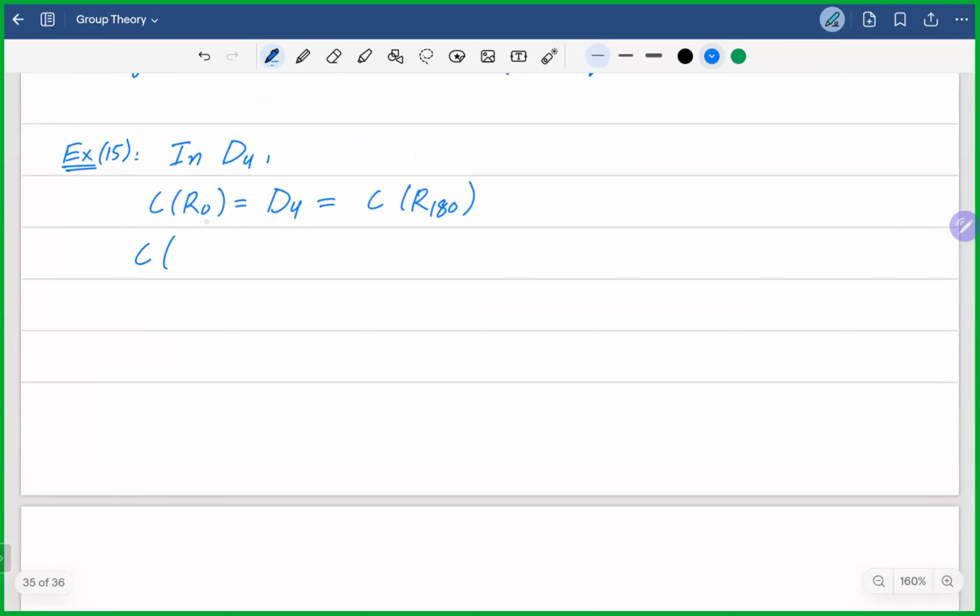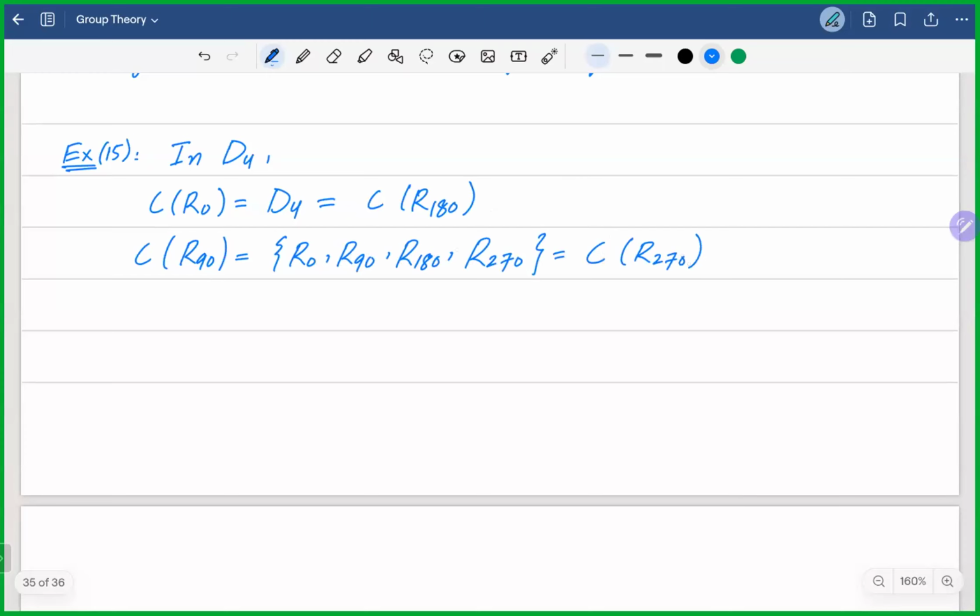Similarly, the centralizer of R90 is equal to the set R0, R90, R180, and R270. And this is also equal to the centralizer of R270.